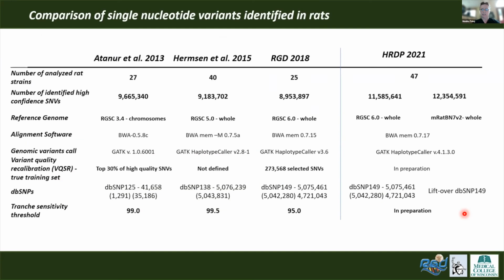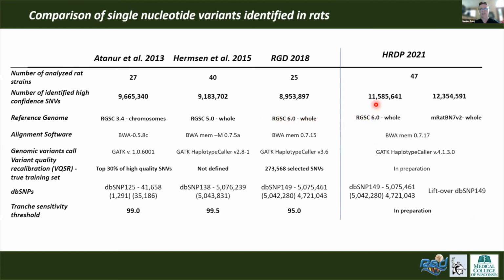So here I just compare the studies done over the years, and the major ones which provided single nucleotide variant data, the 2013 and 2015 ones. RGD reanalyzed the 2013 data to the recent rat reference.